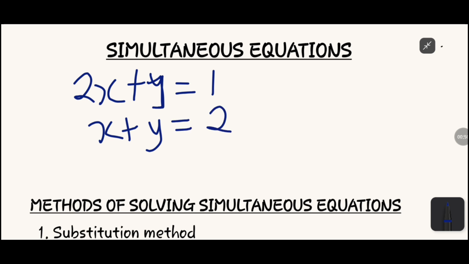These equations are simultaneous equations because in order for us to get the value of x and the value of y, we have to solve these two equations at the same time. So that is what a simultaneous equation is.